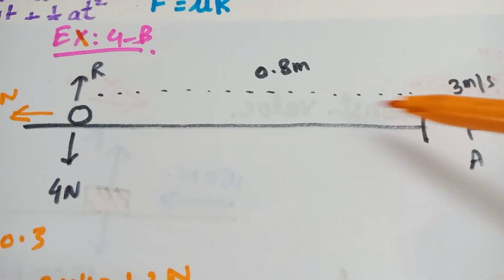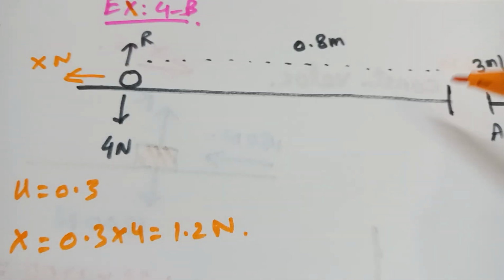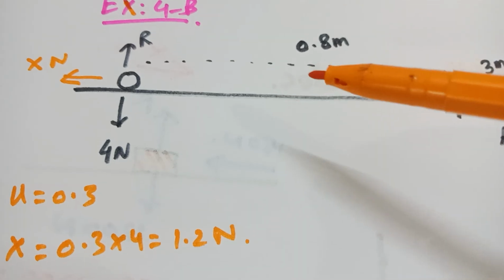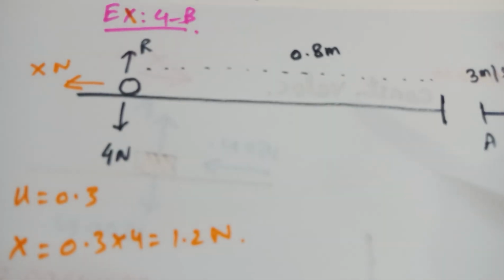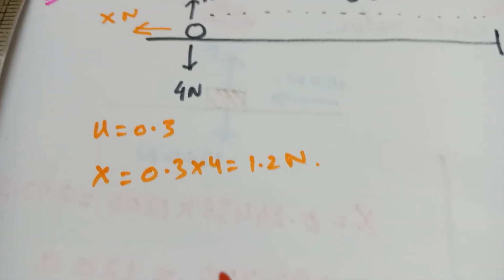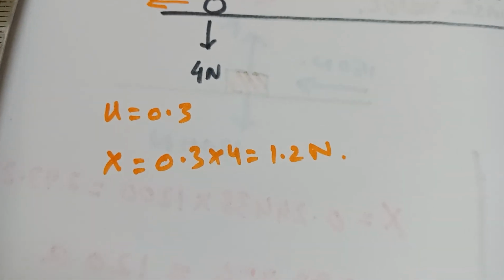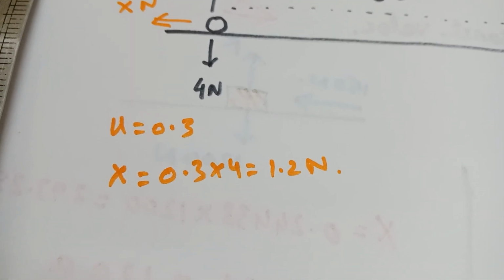So basically the ball will hit the cushion, it will rebound, and obviously there is no forward force on it. There is this 1.2 Newton frictional force, so it will have to stop eventually. Let us find out using F equal to ma how much the deceleration is, so that we can find the speed while it is hitting the cushion.